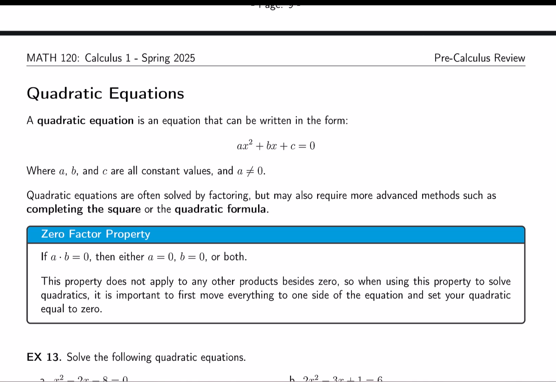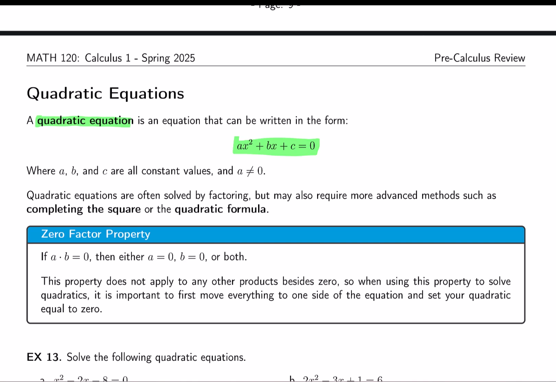So quadratic equations, these are equations that can be written in the form ax squared plus bx plus c. So the most identifying feature is that you have one variable. So the only variable here is x. A, b, and c are considered constants. And the highest degree on any of those variables is 2.